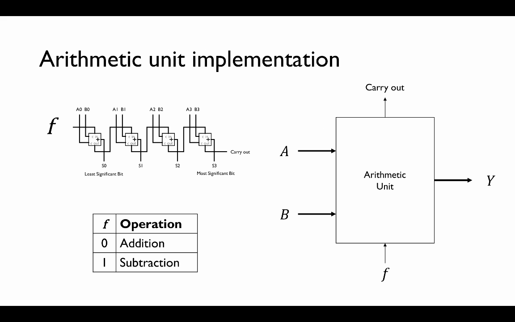Now I just need to implement the insides. The arithmetic unit is just a ripple carry adder. We change it into a subtractor by changing the value we put in the carry in. The first carry in the chain when we're doing addition is 0. When you want to do subtraction, you change it to a 1, which essentially adds 1 to your result.